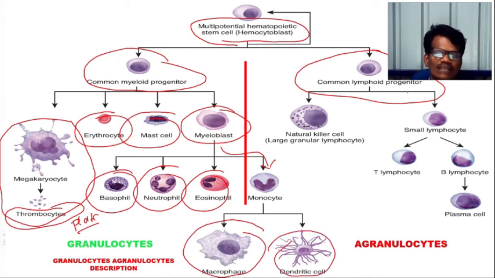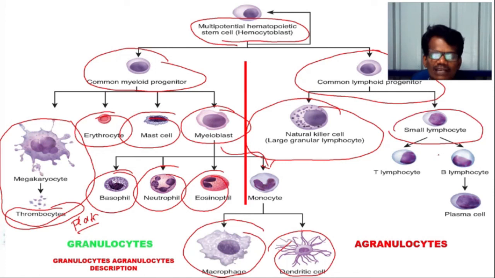Common lymphoid progenitor cells give rise to two types of cell: natural killer cells or large granular cells, and smaller lymphocytes. The smaller lymphocytes are T lymphocyte and B lymphocyte.